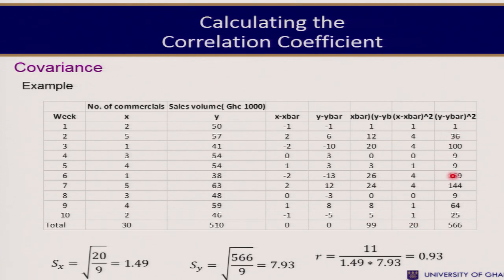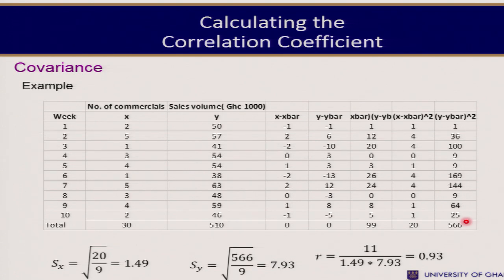We do the same for y minus y bar, that is negative 1 squared gives us 1, 6 squared gives us 36, negative 10 squared gives us 100, down to negative 5 squared, that gives us 25.